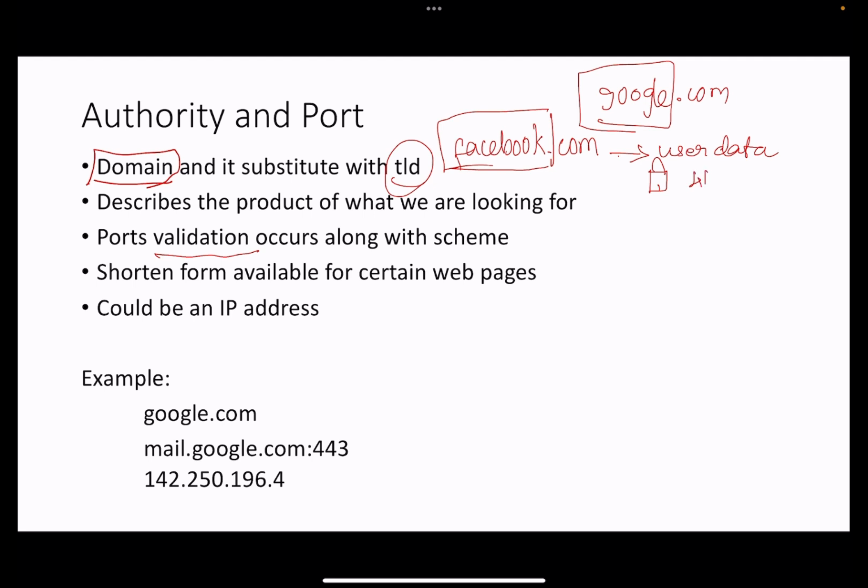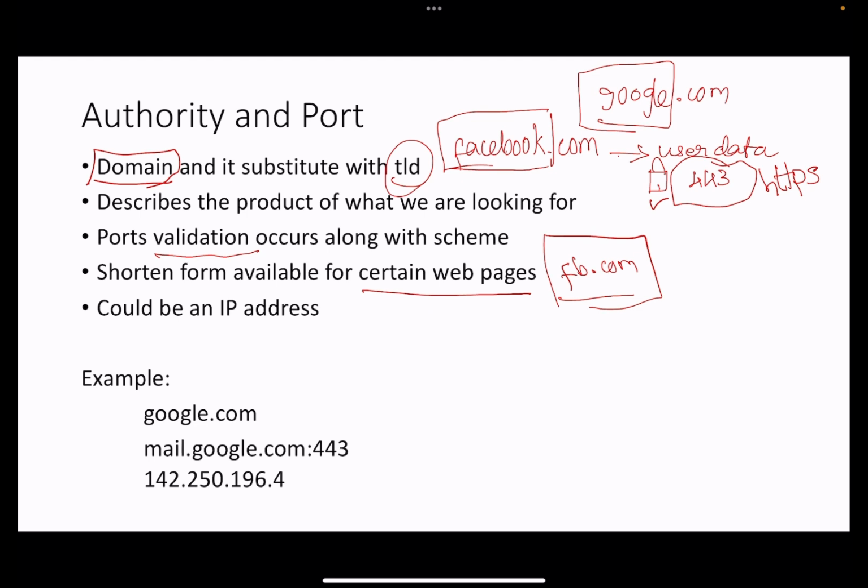So it should be 443, and whenever you access Facebook you can see the port is 443, and there is the lock symbol also, and it should be https. Okay, and shortened forms are available for certain web pages, for example fb.com. This is a short form. And it could be an IP address.